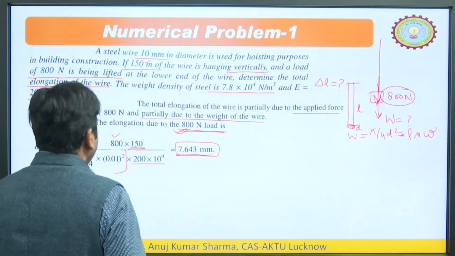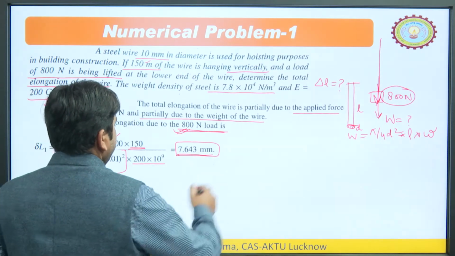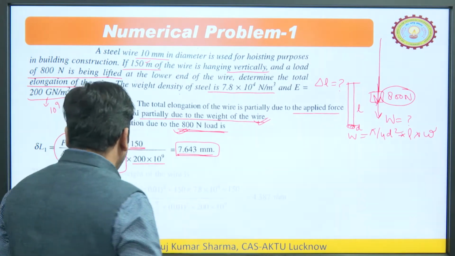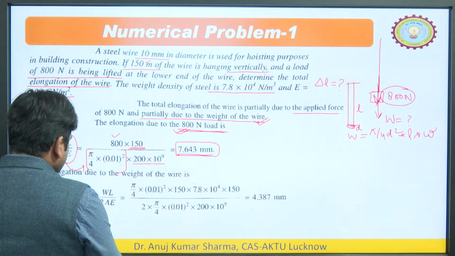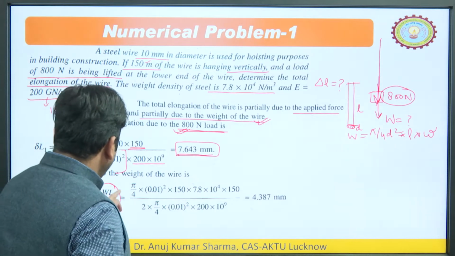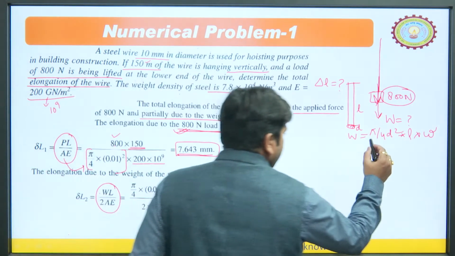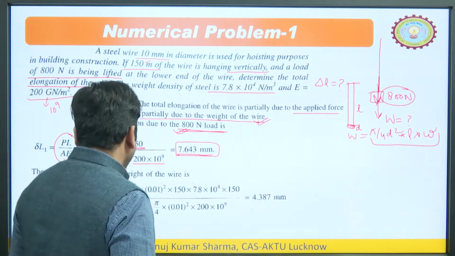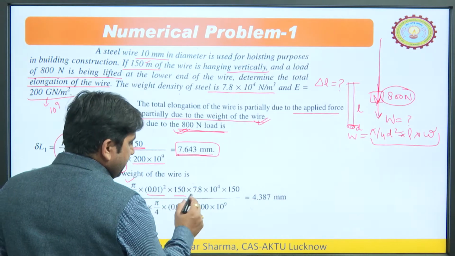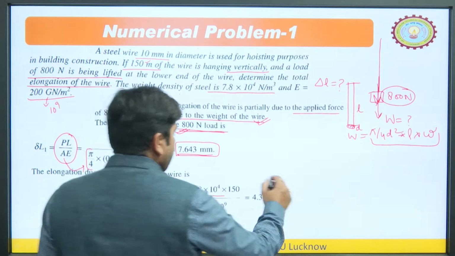Now the second, the partial increment in the length due to the weight of the wire. So, this is the second case. The elongation due to weight, that formula we already discussed in the first slide, is WL upon 2AE. What is W? W is the weight, and we have derived the formula: pi by 4 diameter square multiplied by L multiplied by weight density.